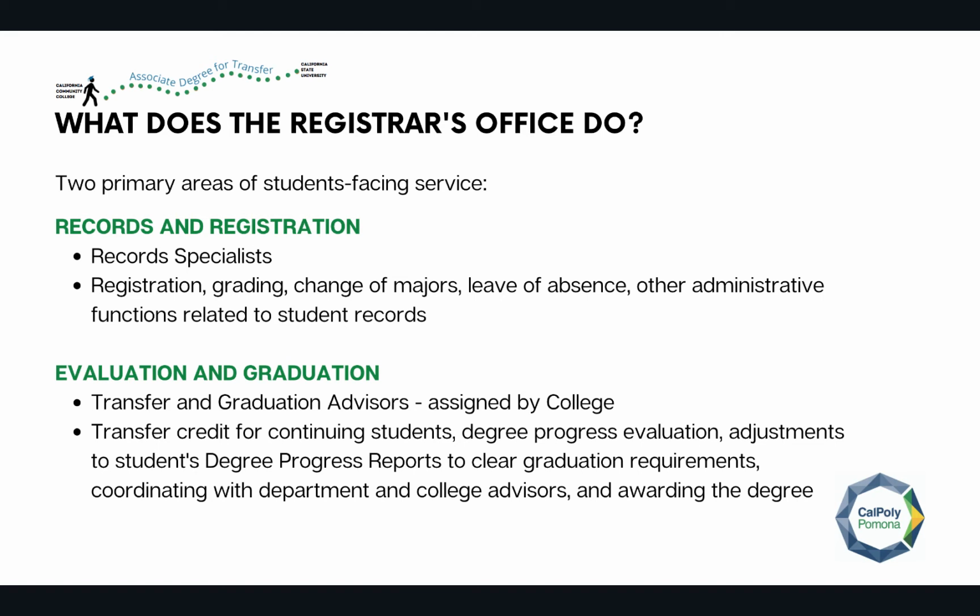They also process leaves of absence. If students need to take time away from Cal Poly and their studies for a certain amount of time, you would request a leave of absence in that case. And they process other administrative functions regarding student records, such as name changes, address changes, anything regarding a student's record that would need to be updated for whatever reason.